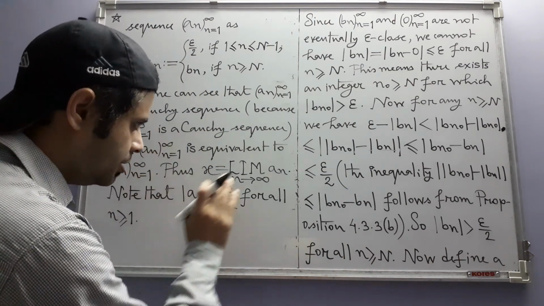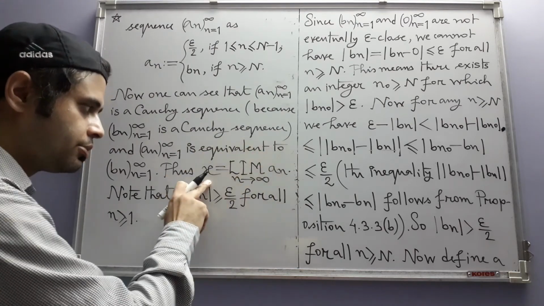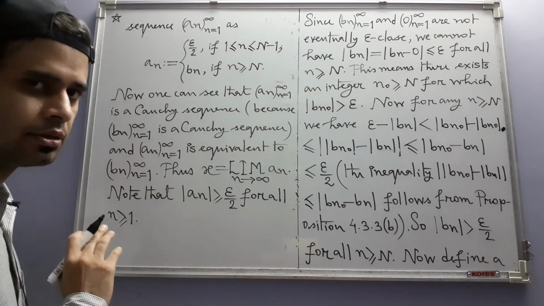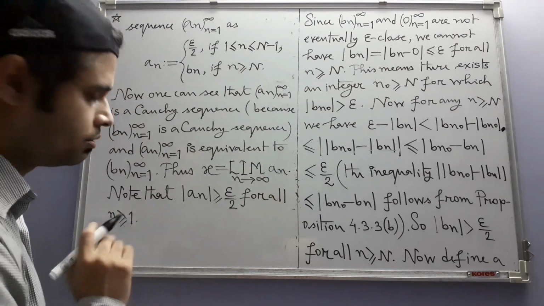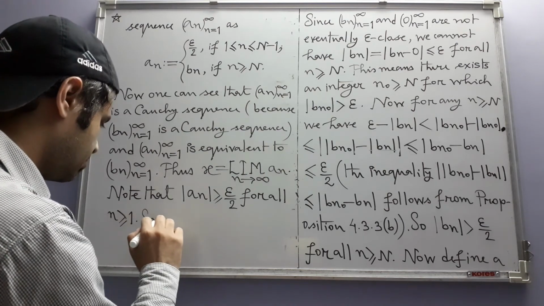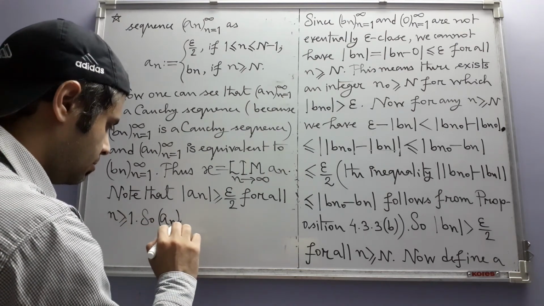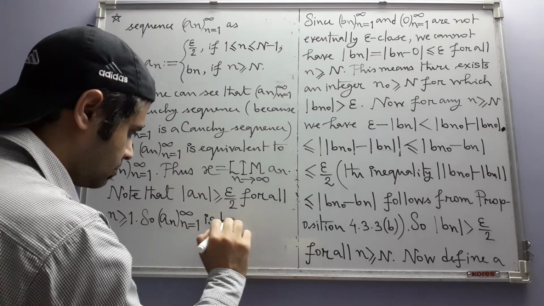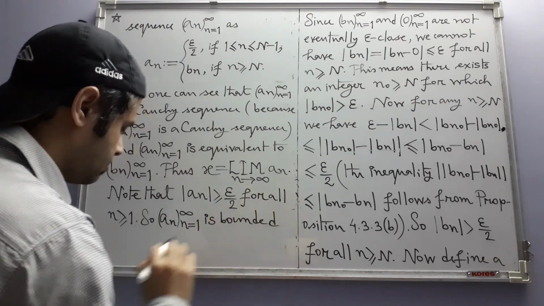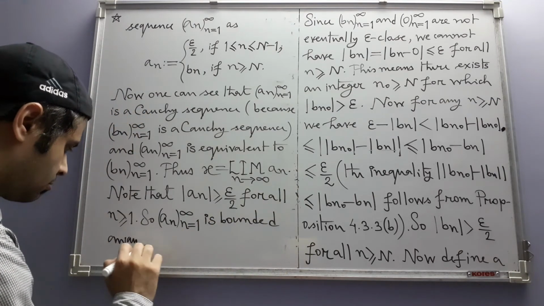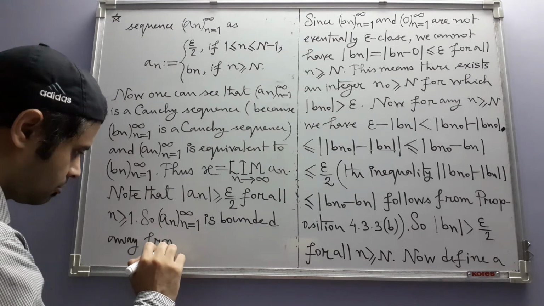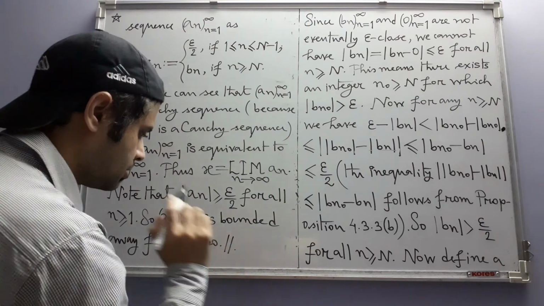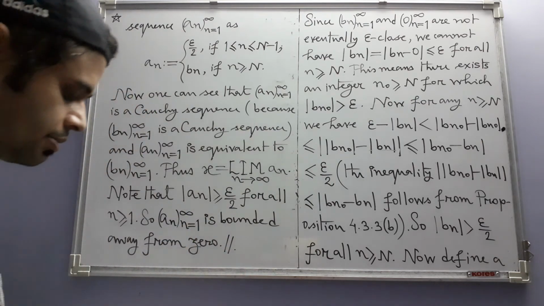So our new sequence an, whose formal limit is also x, is a Cauchy sequence that is bounded away from 0. That was what we wanted to prove. So an is bounded away from 0. Here the proof ends.